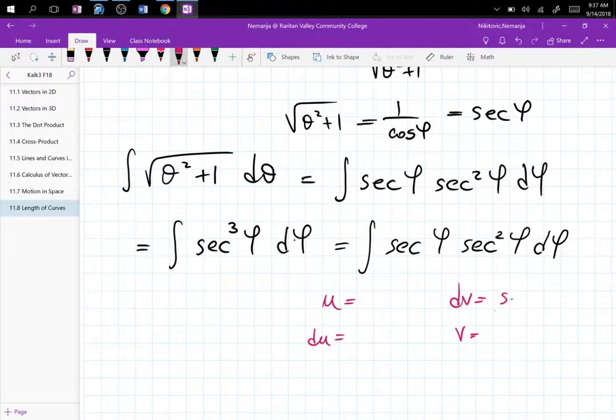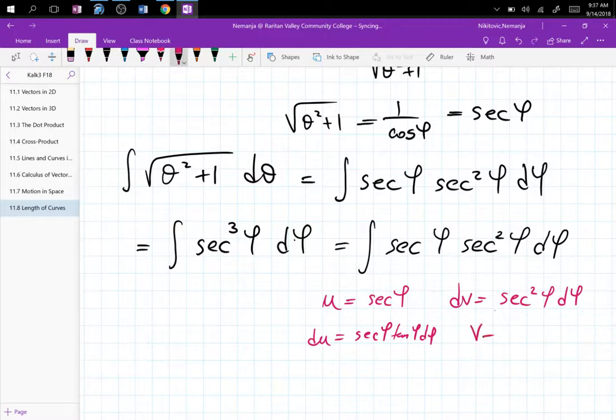So dv is secant squared phi d phi, leaving secant phi to be u. The derivative of secant phi is secant tangent, so du is secant phi tangent phi d phi, and v, the integral of secant squared, is tangent phi.